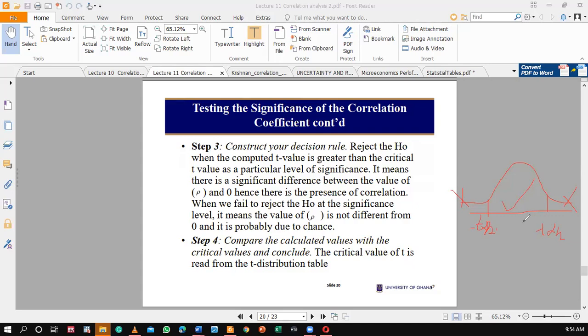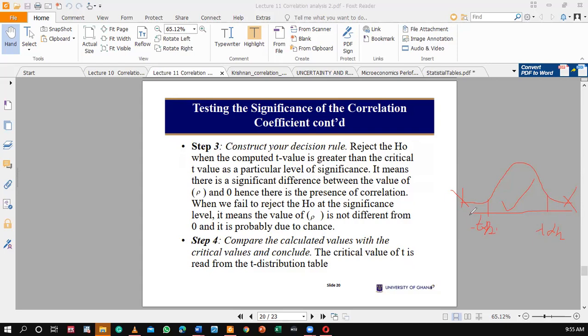So we will reject the null hypothesis if the t statistic is greater than the positive t critical. The value that we get from the table will be a positive one and a negative one. If the t statistic is greater than the positive one, we reject H0.